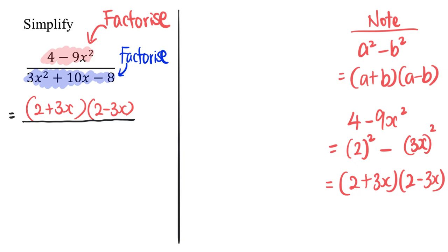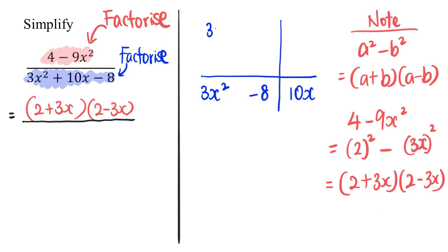And using the cross method, we would be able to factorize it out neatly. 3x squared, negative 8. I need to yield a negative 10x here. 3x times x will give me 3x squared. 8 can be 1 times 8 or 2 times 4. I must be able to choose the pair that will give me 10 later on.